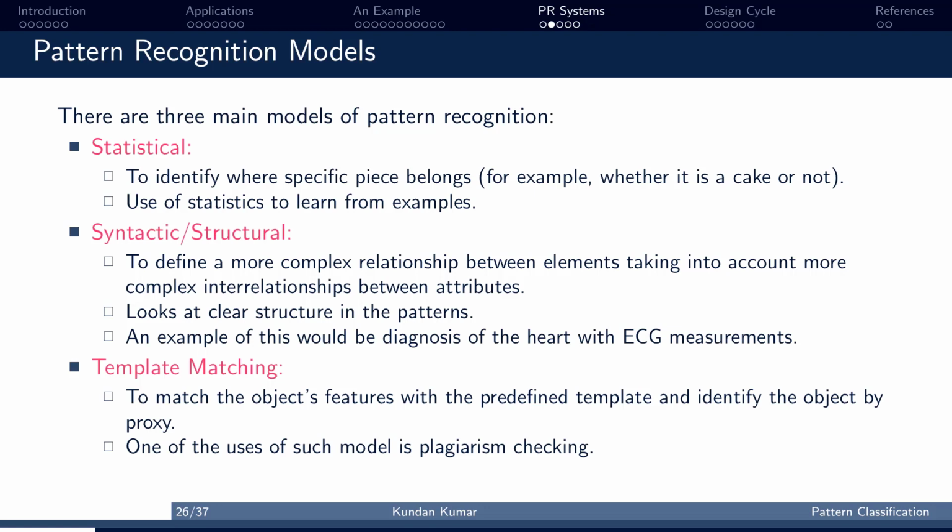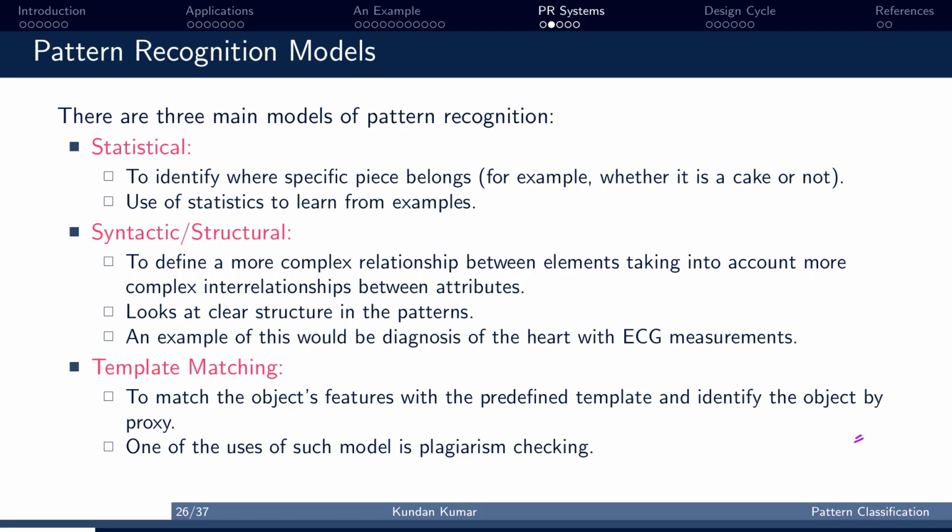These are basically the features of the ECG signal. Based on the relationship between these segments, a doctor or specialist can tell whether the person has some heart disease or not. So it looks for some structural relationship between the attributes, or features, as you can say. There are many names that we call it.